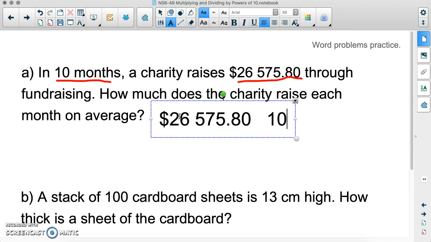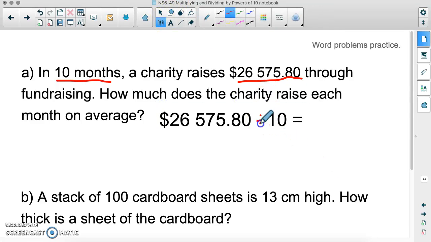Okay, so I need to do 26,575.80 divided by 10. Okay, so how am I going to do this? Well, if I'm dividing by 10, I need to move my decimal point 1 place to the left if I'm dividing. So my decimal point is going to move from where it started 1 place to the left.